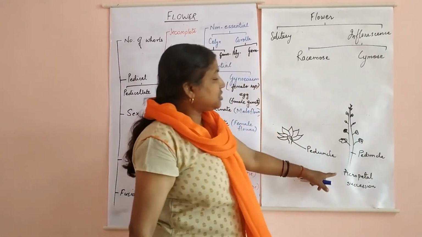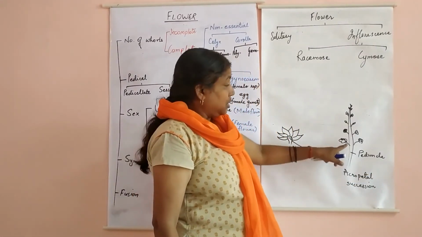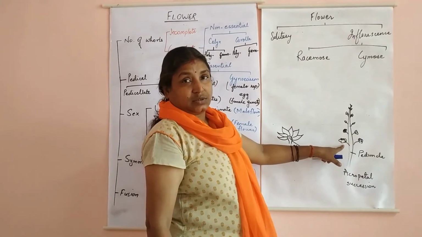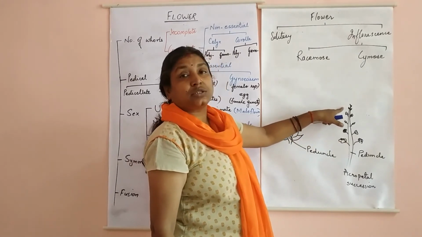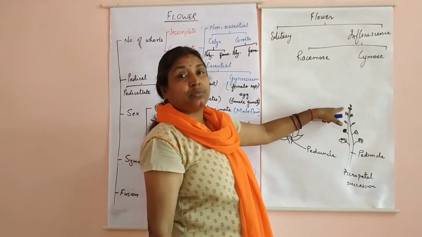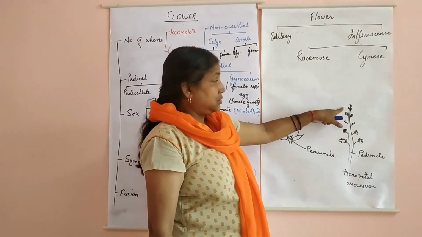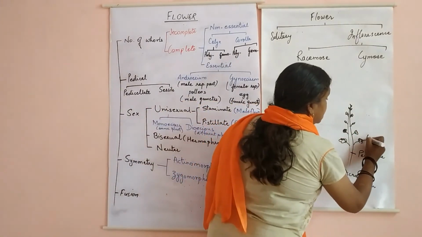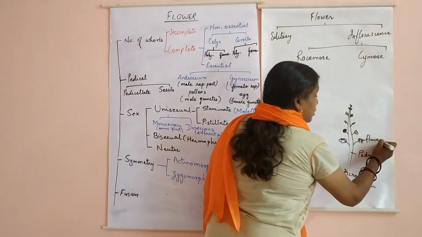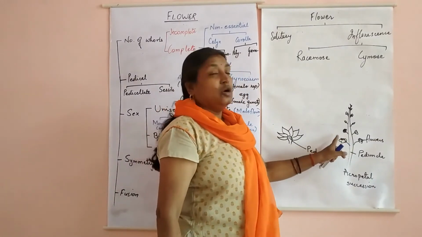Now in acropetal succession, what happens? The flower at the base blooms completely, whereas you will see the buds in the upper or terminal part of the axis. These are your mature flowers.